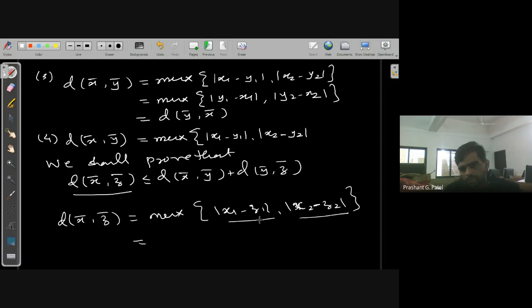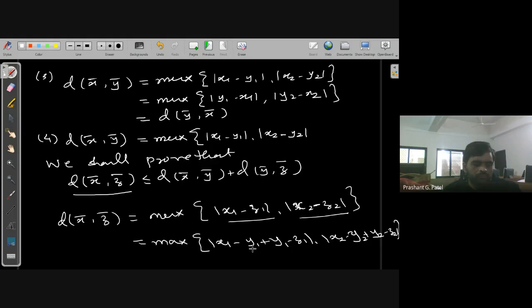In the first modulus we are adding and subtracting y1. It is x1 minus y1 plus y1 minus z1, and x2 minus y2 plus y2 minus z2. Now what I will do, I may call the first number, that is x1 minus y1, as a1.